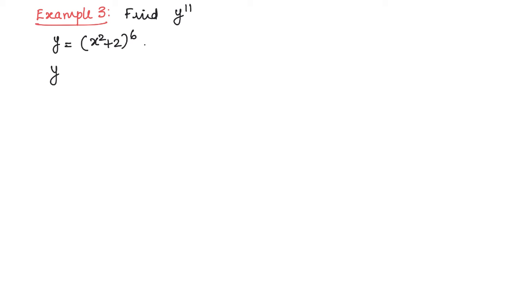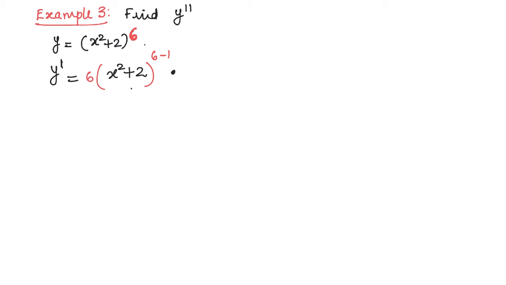Let's do one more example. Example 3. Find y double prime. The question is y is given as x square plus 2 power 6. So y prime is, we are going to apply the power rule first. So the power rule is bring the exponent in front. The inner function stays the same. So the inner function is x square plus 2, and subtract 1 from the power.